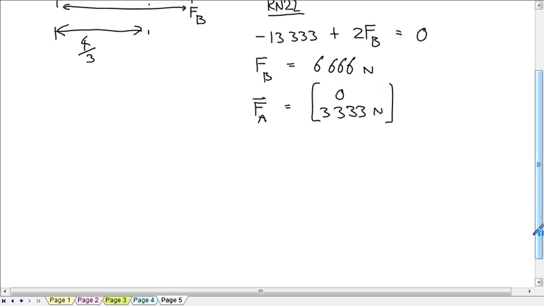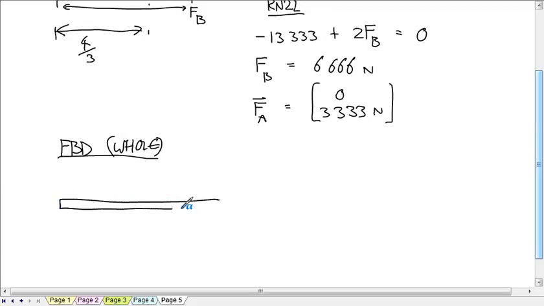Okay, so now we know what those external loads are. If we do a free body diagram of the whole thing, it looks like this. We have an upward force of 3,333, an upward force here of 6,667, I guess. And then we have the distributed load.